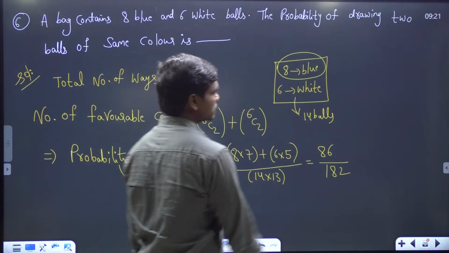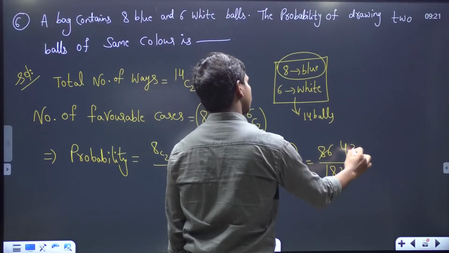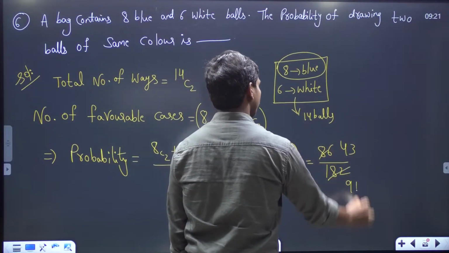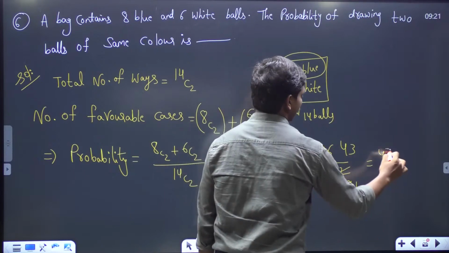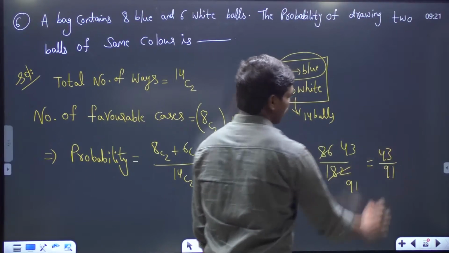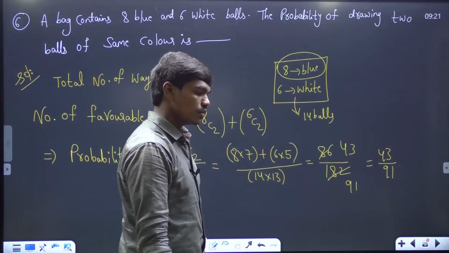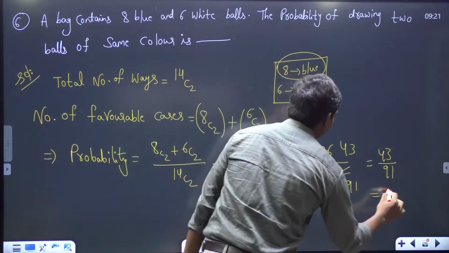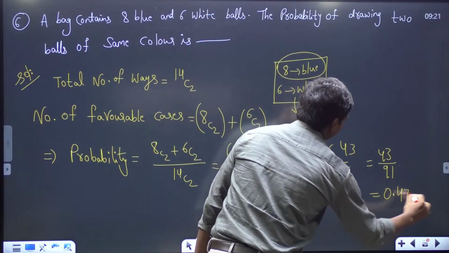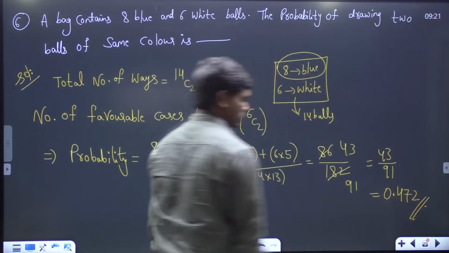You can cancel 2 from both, so 43 by 91. I think you should get something around 0.46 or 0.47. 0.472, okay. 0.472 is the answer for this.